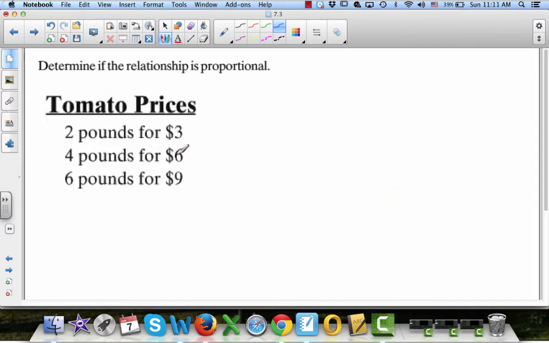All right, let's look at this one. Determine if this relationship is proportional. We've got $3 for 2 pounds. So we go 3 divided by 2 equals $1.50 per pound. We've got $6 divided by 4 gives us $1.50 per pound.